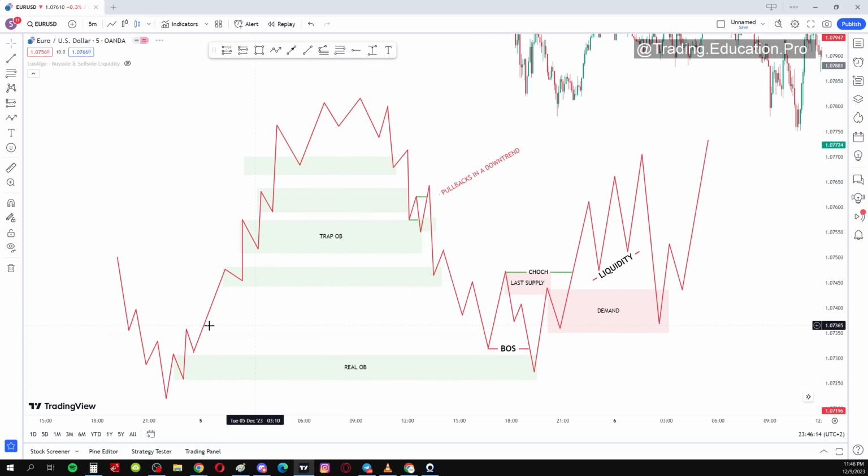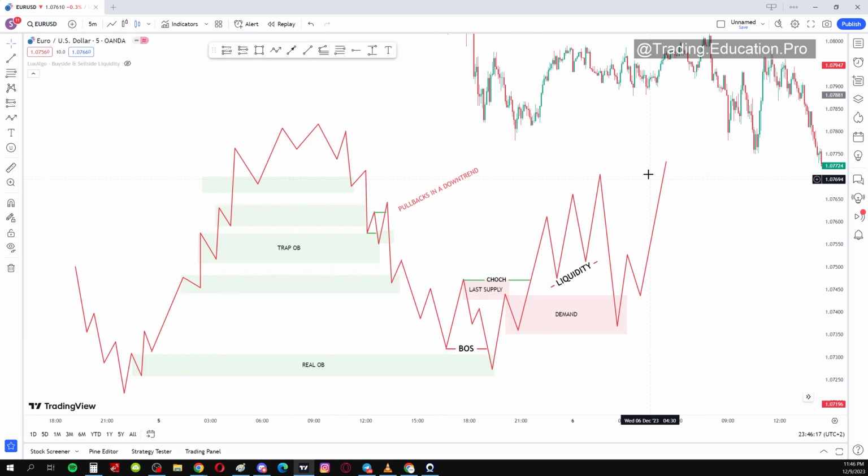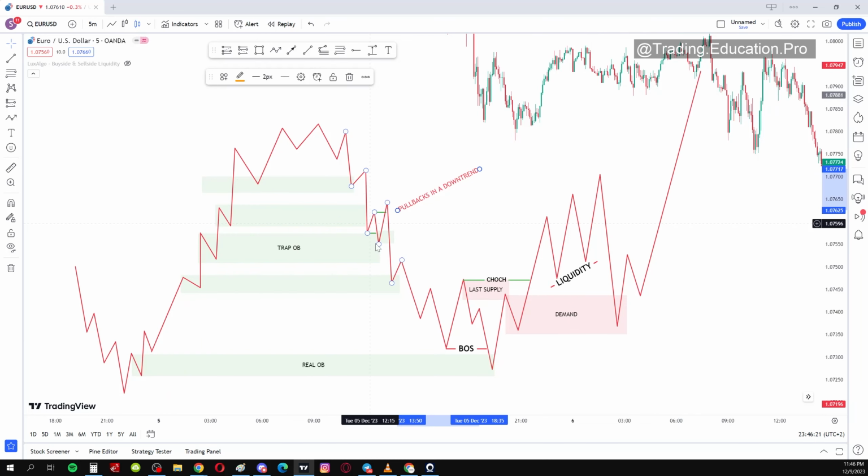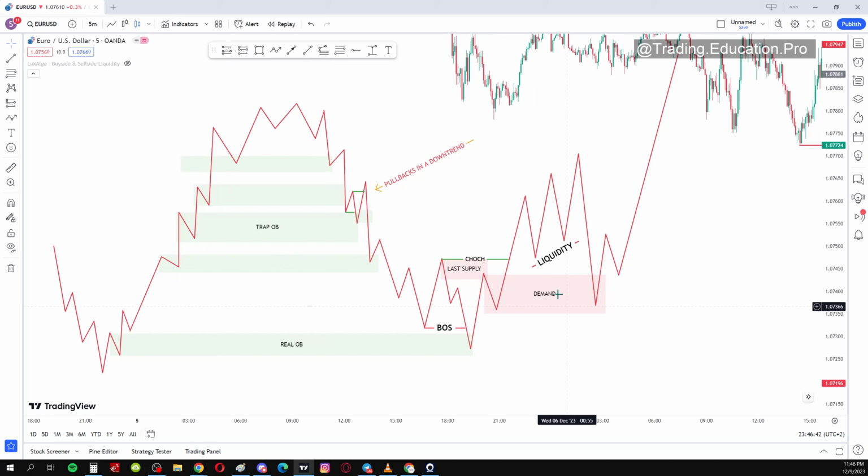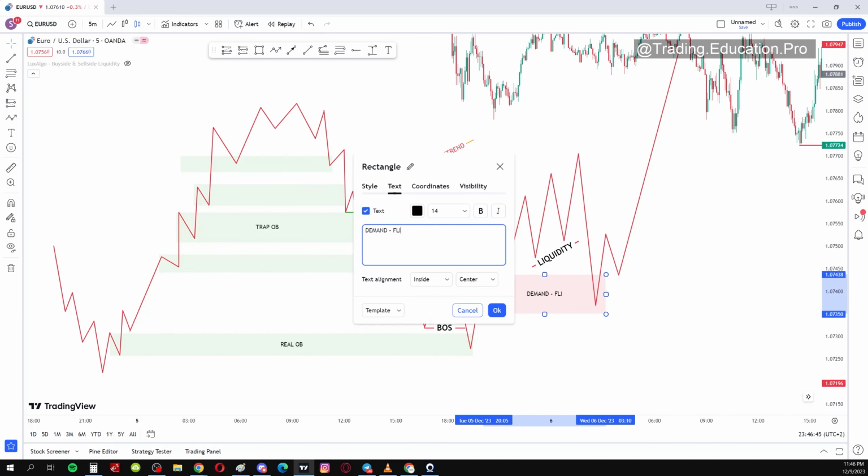So let's say we are in an uptrend. We will have a lot of these pullbacks, but until it reaches the real zone, that's when we have to look for this pattern. And usually we will have some sort of build up here before it actually touches this flip zone or a demand zone.